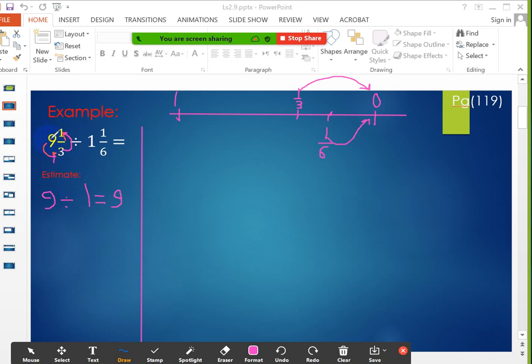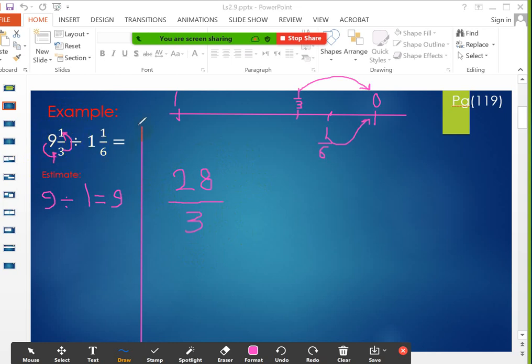Let's do it. 9 multiplied by 3 equals what? Equals 27. Plus 1 equals 28. So I will write 28 over what? The denominator is 3. Okay, so 28 over 3.